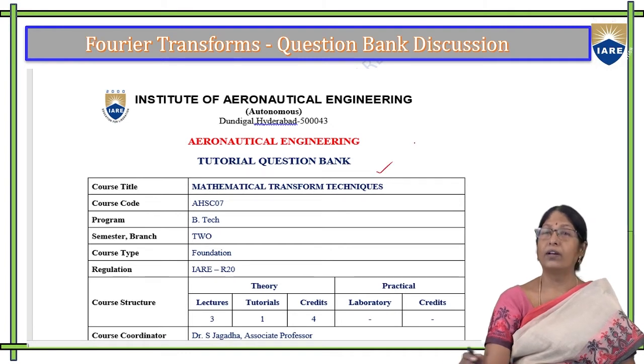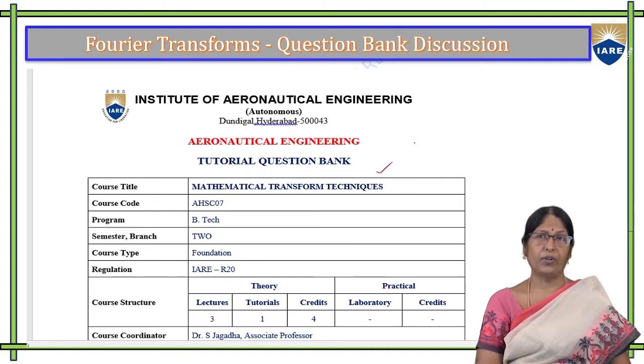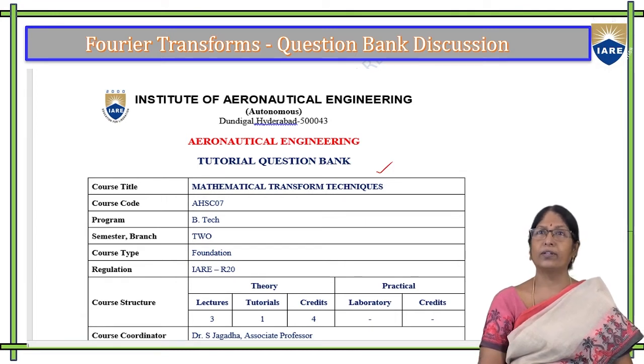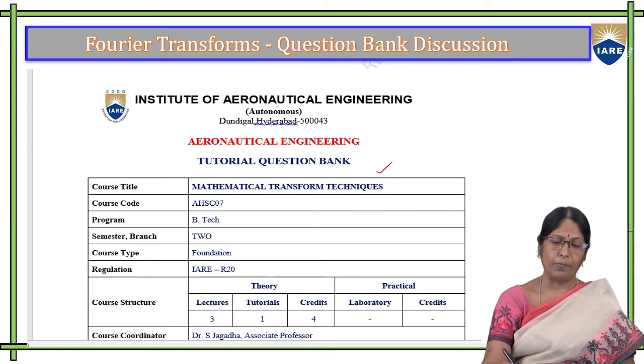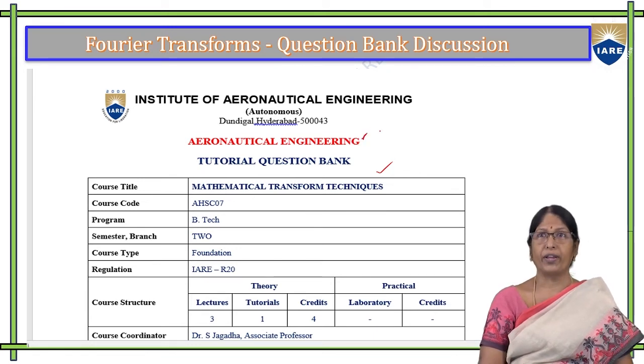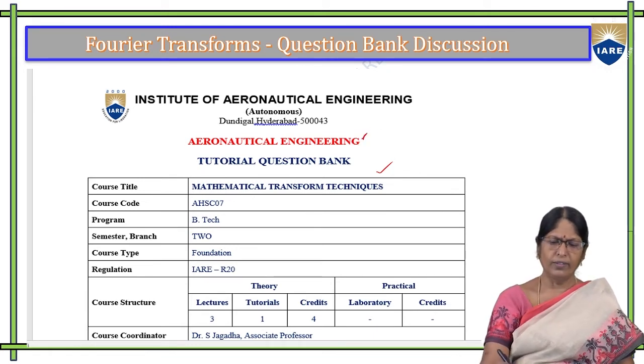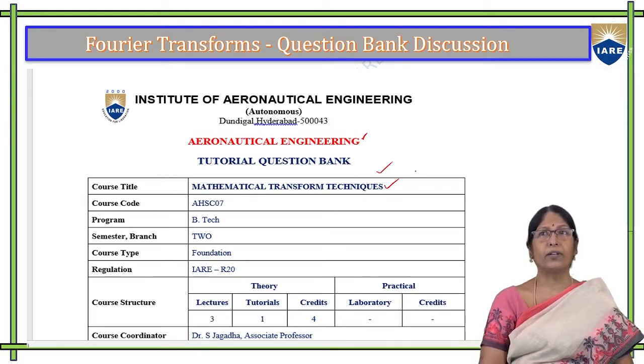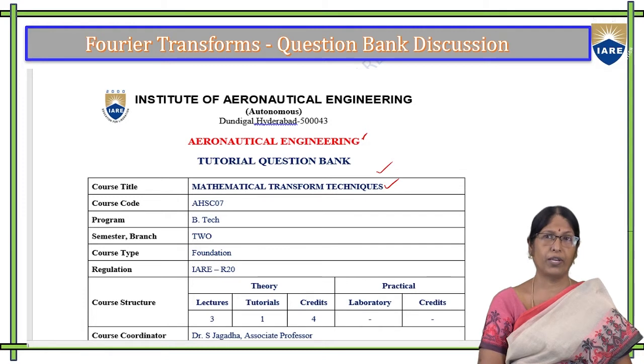This is the Institute of Aeronautical Engineering, an Autonomous College. This is the sample taken for the branch of aeronautical engineering. The course, Mathematical Transform Techniques, is applicable to aeronautical, EEE, ECE, civil and mechanical branches.